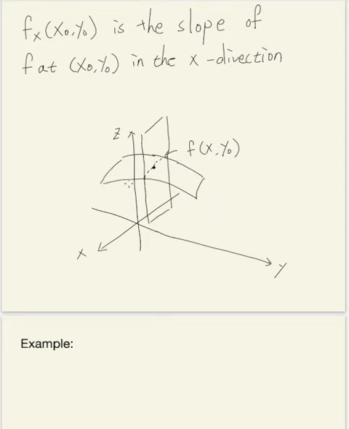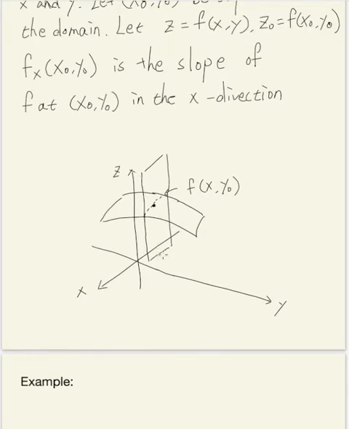This curved surface is the surface given by f of x and y, and this vertical surface is parallel to the xz plane. Because we're fixing y as y naught, that gives us a vertical plane parallel to the xz plane. The intersection is the curve we want, and the slope in the x direction is the slope of this curve.